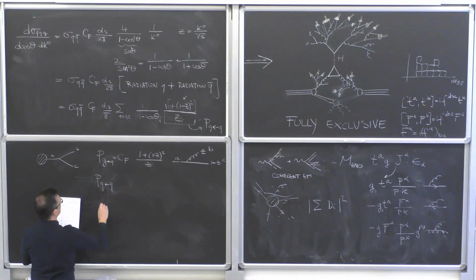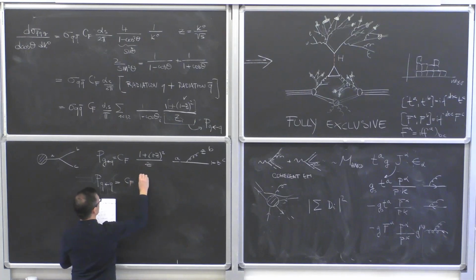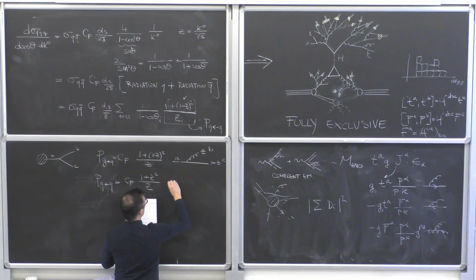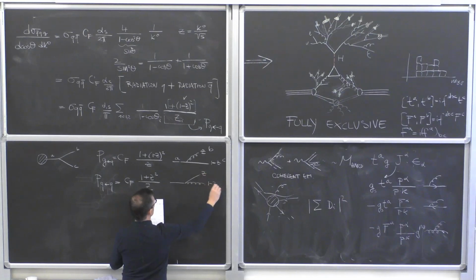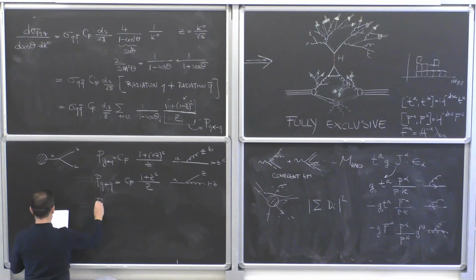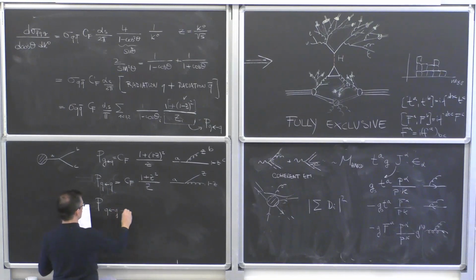And then I have all possible splittings, right? So I have a quark that splits into a quark. You see, it's the same as this one with 1 minus Z. So I plot it this way, and so on. Okay, so there is the P_qg. So this is a gluon splitting into a quark.